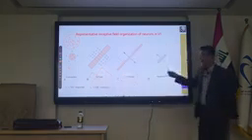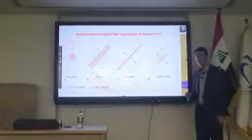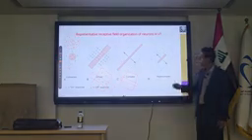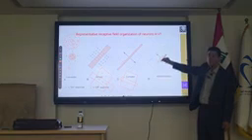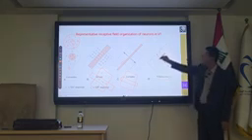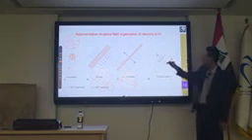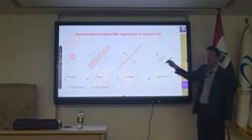Wait, please. Now we have hypercomplex. Hypercomplex means the cell is activated by an orientation which is not specific for position. So you can move it this way or this way. But the length of this bar is important.